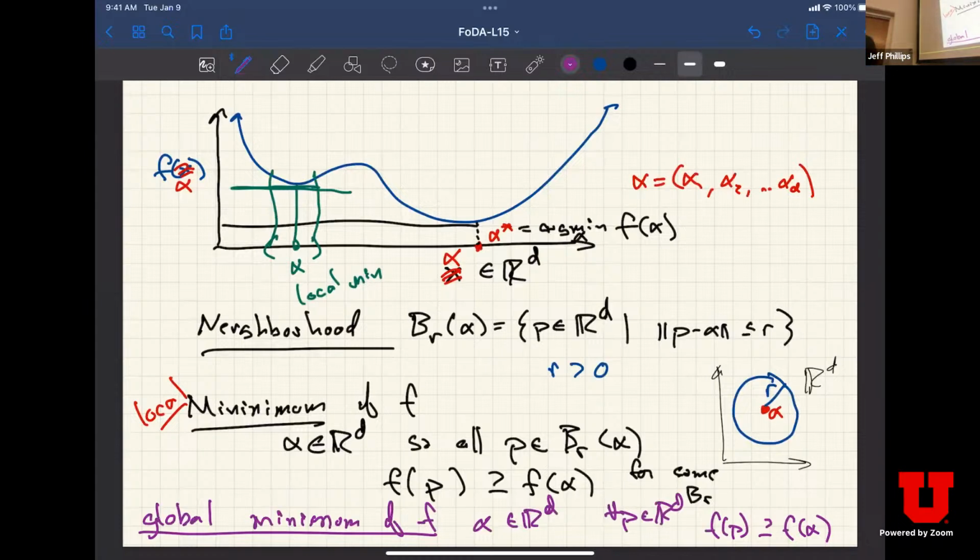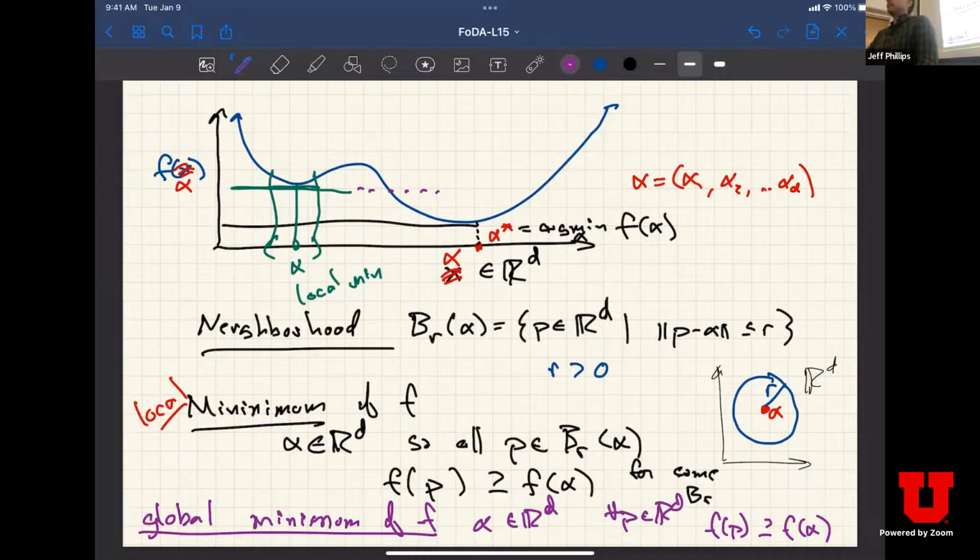So if I don't restrict to some neighborhood, then this alpha I've drawn up here in green would not be a global minimum, because if I extend this neighborhood out here, I can find some other points near alpha star which have a smaller function value.